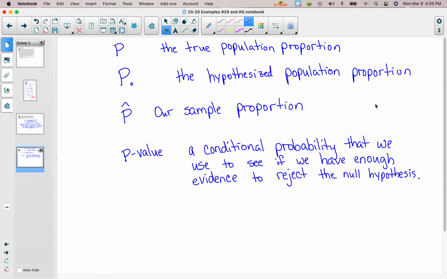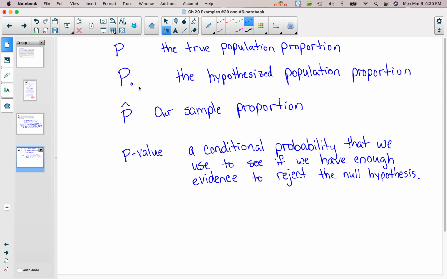So there's a lot of confusion that can take place because we have a whole lot of p's in this topic, and I just want to go over some of the things to make sure you realize what these stand for. We have P, which represents the true population proportion, which generally we don't know. We don't know what the true proportion is in the population.